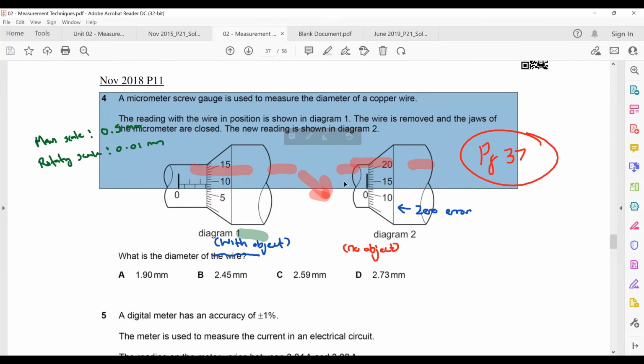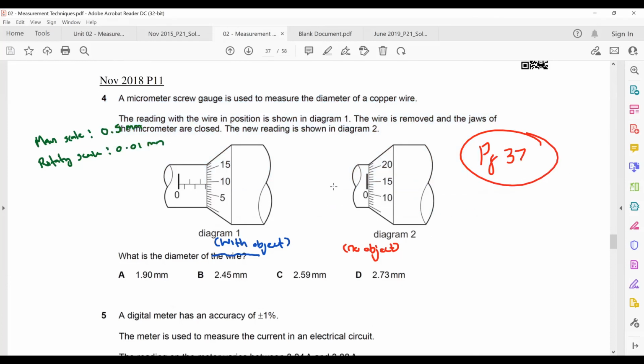I think this one is easier to see now. You see that there's still this line here just right before the rotating scale. While I can say this one is 1.0 and this one is 2.0, there's actually 2.5 here. So this part is 2.50. This is for the main scale only.